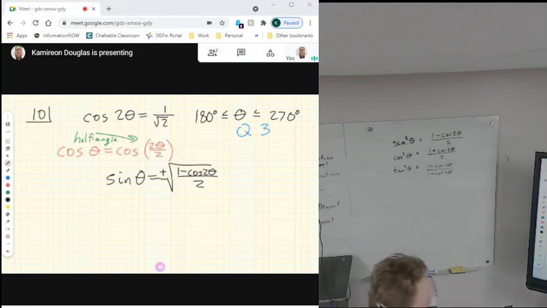So I'm going to take this function. In order to find sine of theta, I'm going to do plus or minus the square root of 1 minus cosine of 2 theta, all over 2. Cosine of 2 theta was given in my problem as 1 over square root 2.